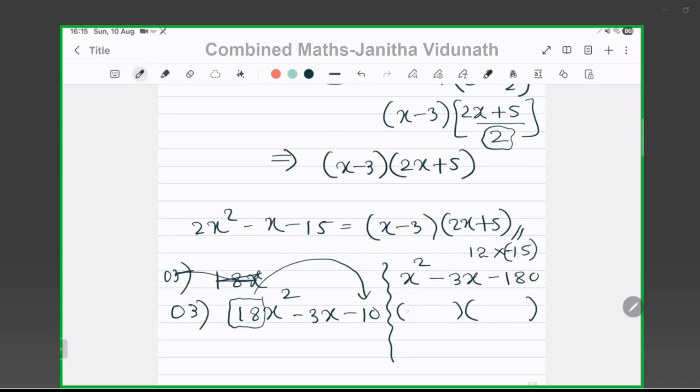Then the two factors are x plus 12 and x minus 15. Then the term we ignore is 18. Then we divide only the constant terms by that number: 12 divided by 18 and minus 15 divided by 18.